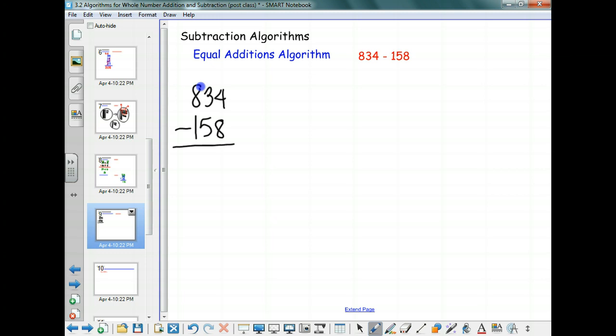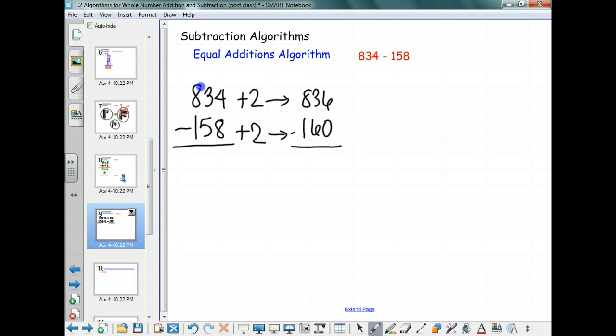So, if I have to subtract the number 158, I'm almost subtracting what? I'm almost subtracting 160. So I'm actually going to take that 2 that gives me the 160, but if I add a 2 on the bottom, I'm going to add a 2 on the top. And these numbers turn into 836 and 160.